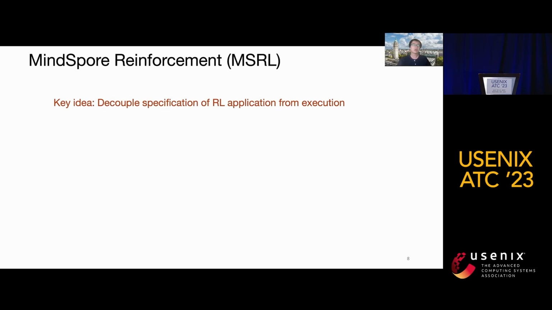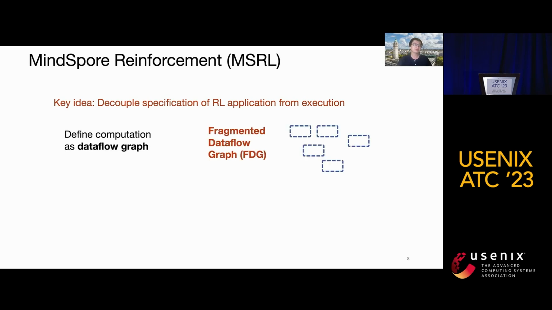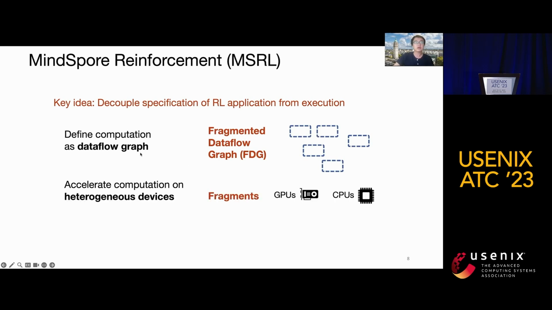To achieve that, we use three key technologies in MSRL. The first one is that we define the computation as a data flow graph. In MSRL, we call it fragmented data flow graphs. Secondly, those data flow graphs can be accelerated on heterogeneous devices.